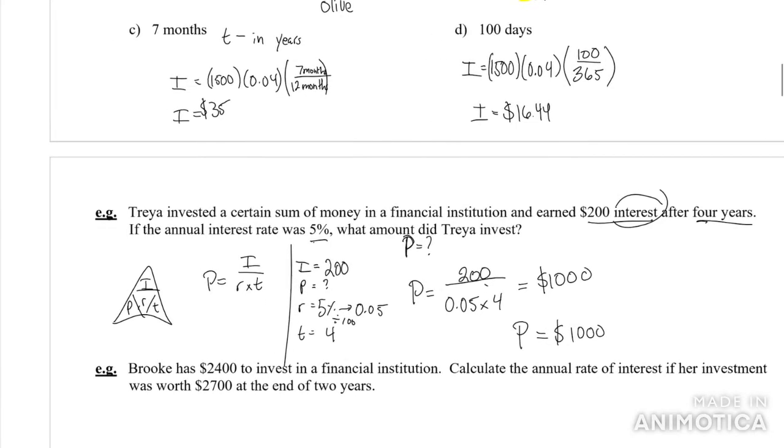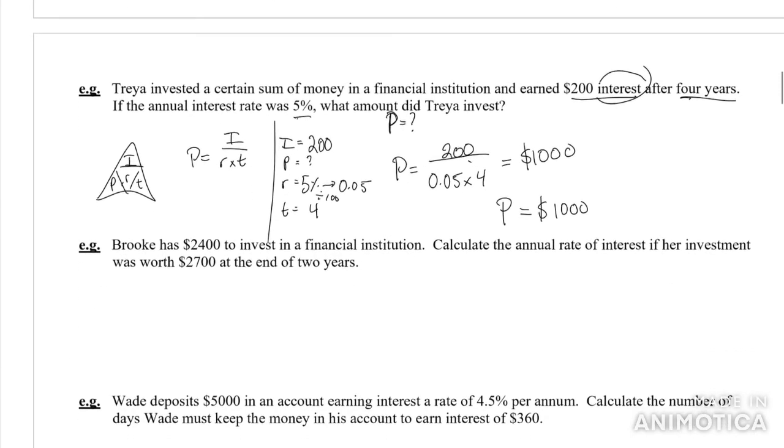Okay, next up, Brooke has $2,400 to invest in a financial institution. Calculate the annual rate of interest if her investment was worth $2,700 at the end of 2 years. So I have P, I have R, sorry, little r, and I have T, and I also have another value here.